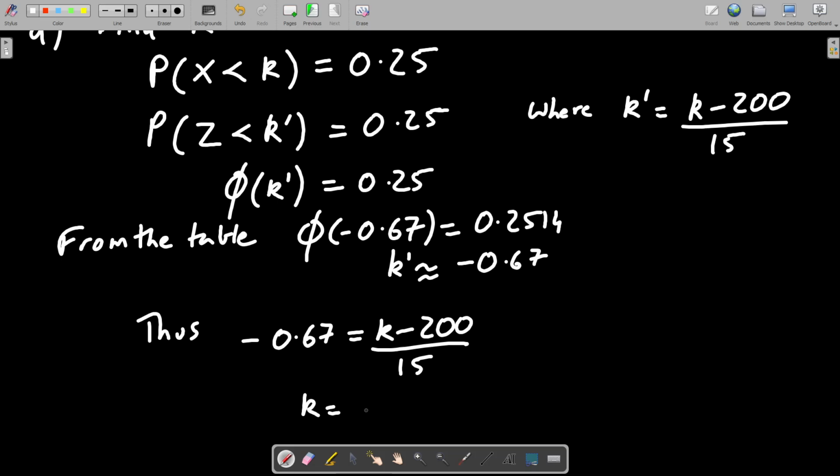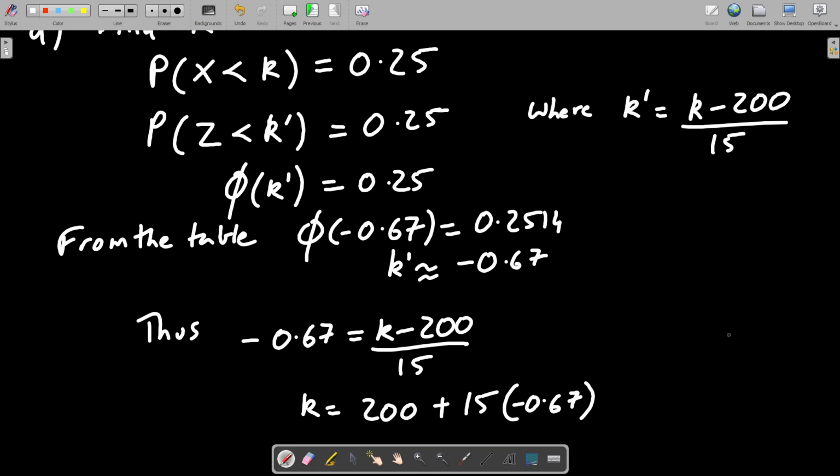So k is equal to 200, by the way, this number is 2 by 3, 0.67.